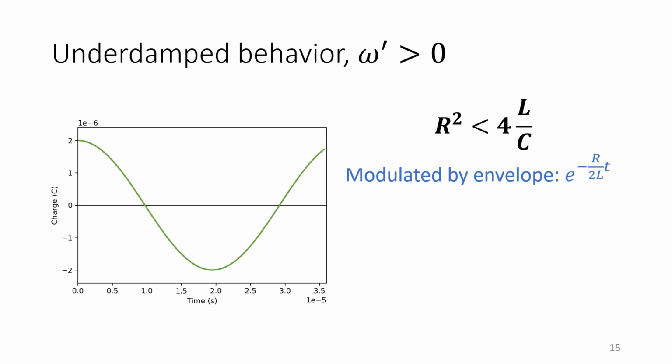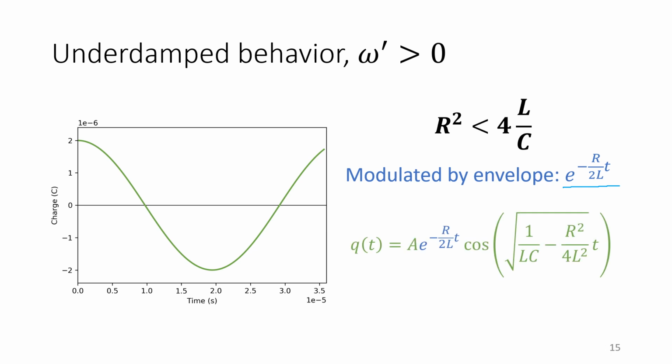Because of this, the added flavor from the LC circuit case is that this oscillation is now sandwiched or modulated by a damping exponential or a decay exponential, as seen in the one in blue. So by multiplying this term to the old solution, q(t) equals A cosine whatever, we effectively get an oscillation that shrinks with time.